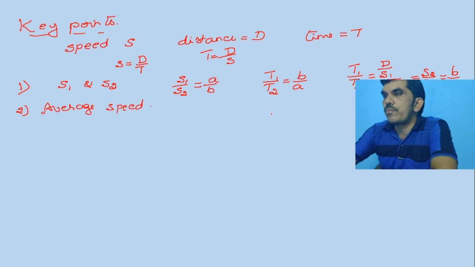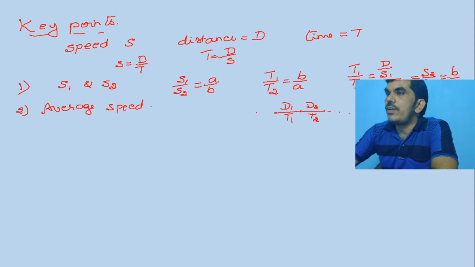Suppose an object moves a distance d1 in time t1, and later covers a distance d2 in time t2, and so on till distance dn in time tn.